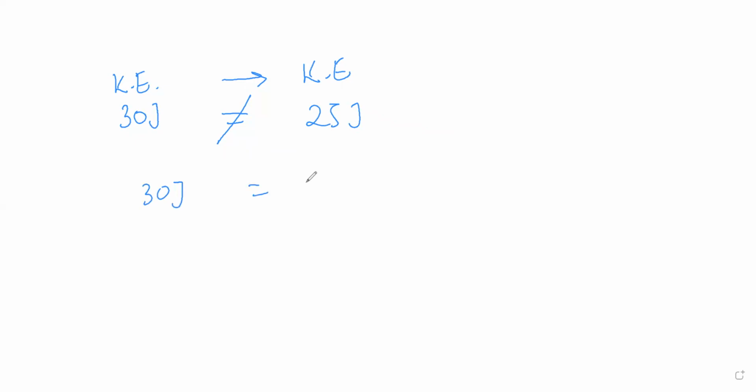So what does that mean? That means if we have 30 joule kinetic energy before collision, and after collision the kinetic energy becomes, suppose, 25 joule, is it elastic or inelastic collision? It's an inelastic collision because kinetic energy is not the same. But if before collision it is 30 joule and after collision 30 joule, then it's an elastic collision, right?